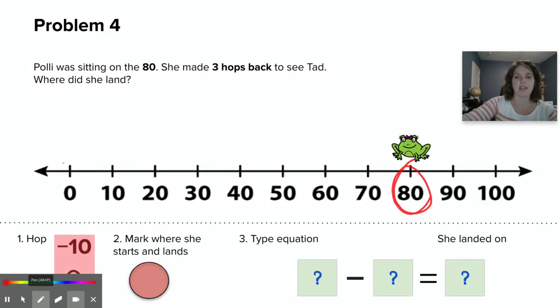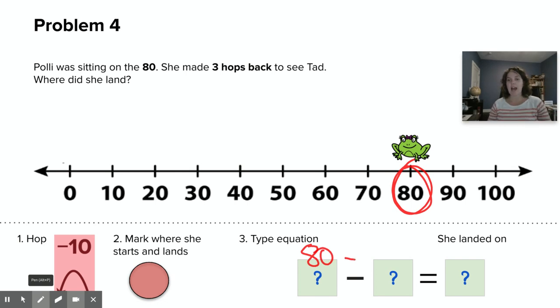So we're starting at 80, so everyone should be writing 80. And she takes 3 hops back. Now, are we subtracting 3? No. We have to subtract 3 groups of 10. So we've got 10, 20, 30.